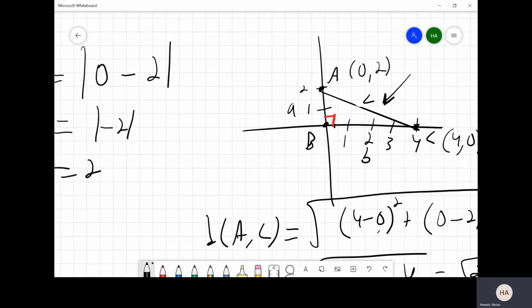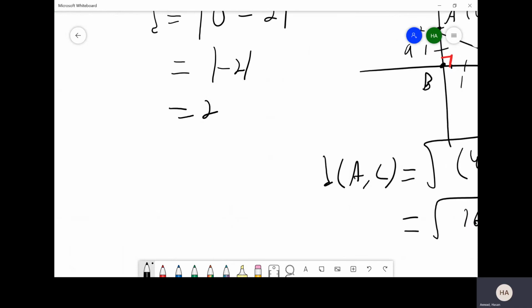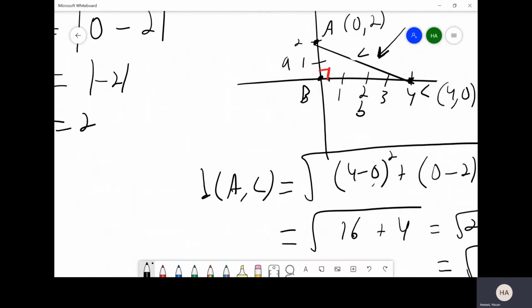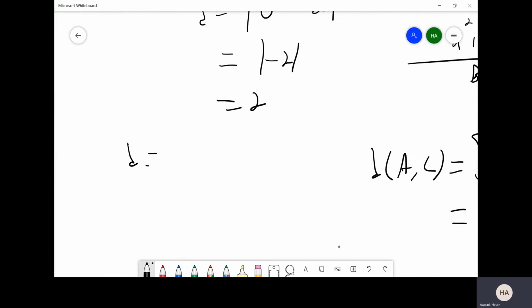Okay, we're going to do the same thing for side BC. Side BC, you could already intuitively see, is probably just going to be 4 units, right? Because it's moving along the x-axis and only along the x-axis. So it's moving 4 units along the x-axis, hence its length. But once again, you can use the distance formula in one dimension or in 2 if you wanted to use the longer distance formula.